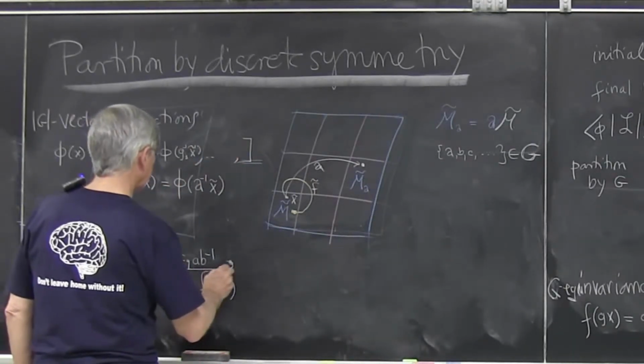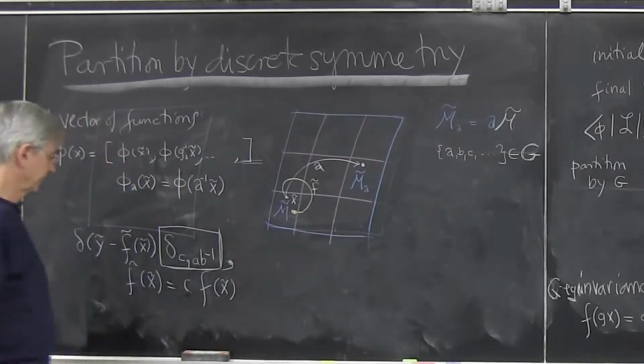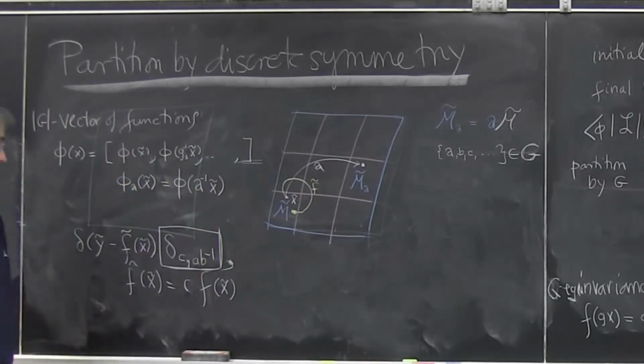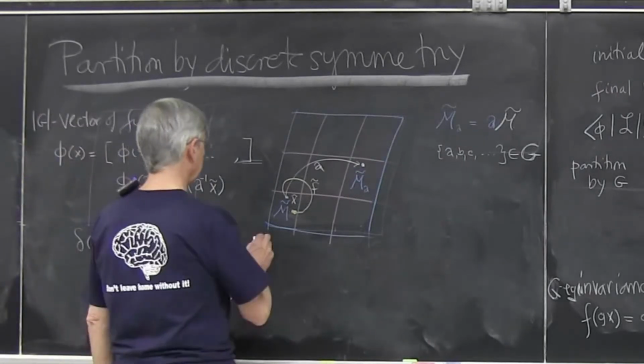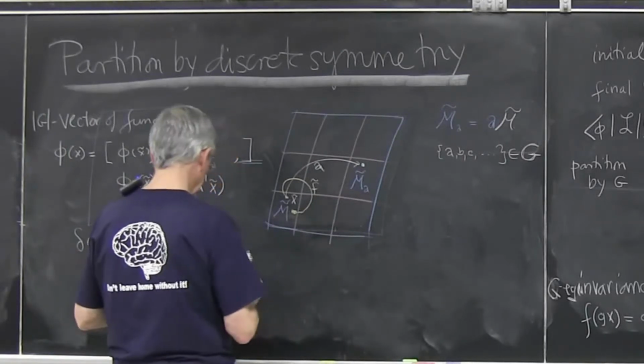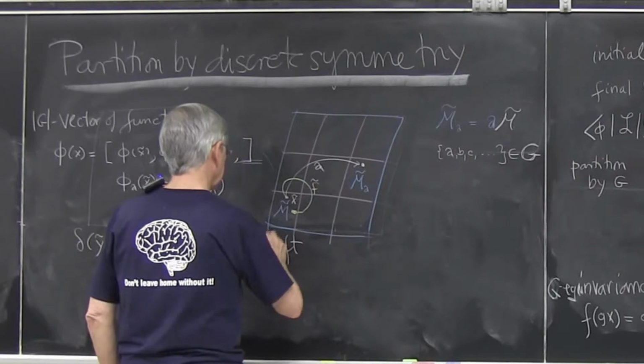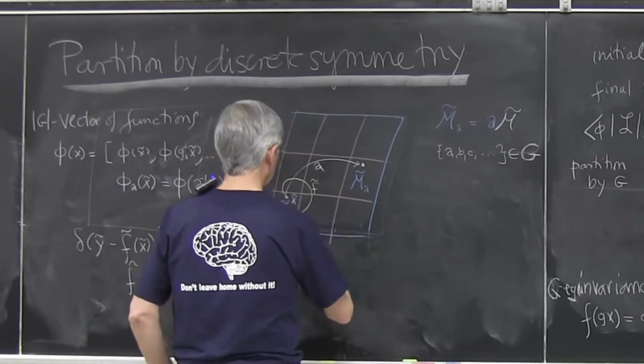This Kronecker delta is some kind of matrix, and that matrix has a name in the theory of representations of finite groups. This is called the left regular representation.